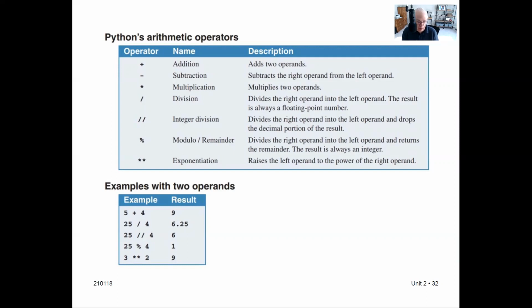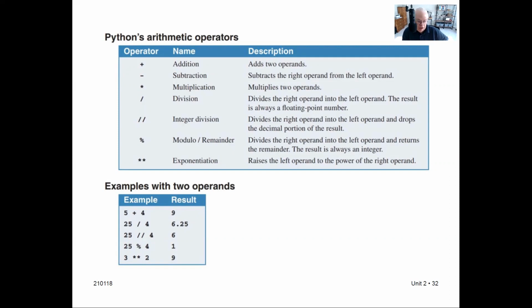So in our examples here on slide 32, 5 plus 4 equals 9. That is all in integers. 25 divided by a single slash by 4 is going to result in a float, 6.25. Whereas 25 slash slash 4 is going to result in an integer, which will be 6. And the .25 is dropped.